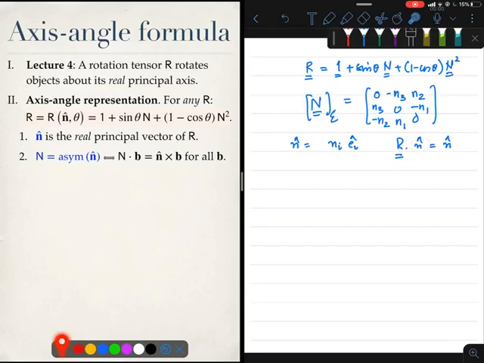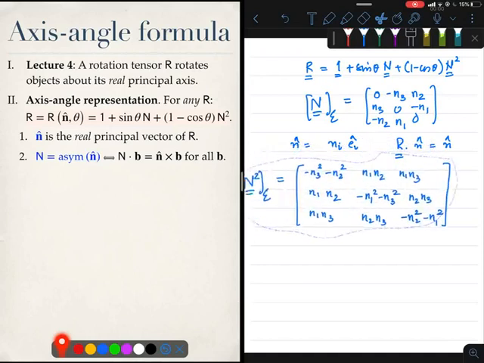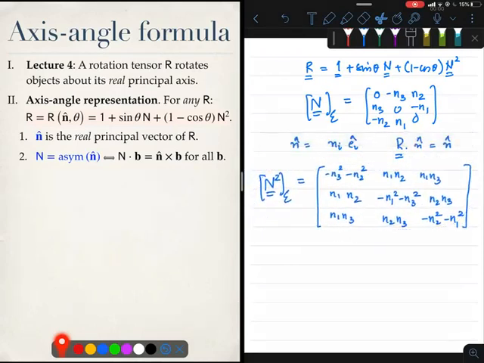Let me quickly write down N square for you, which is easily done as that. If capital N is this, then capital N square will be this. Now I am going to take the trace of this tensor equation. So let's do that.